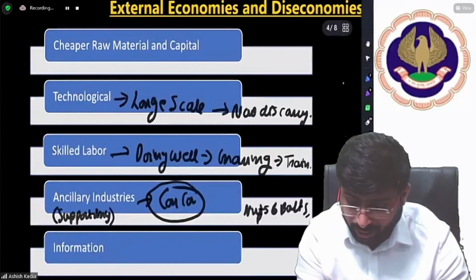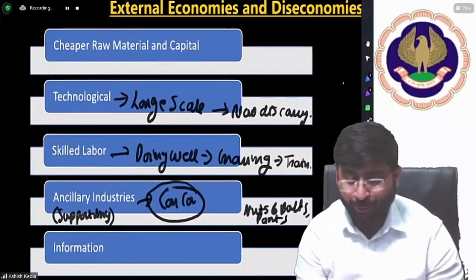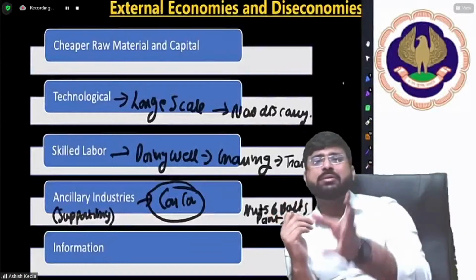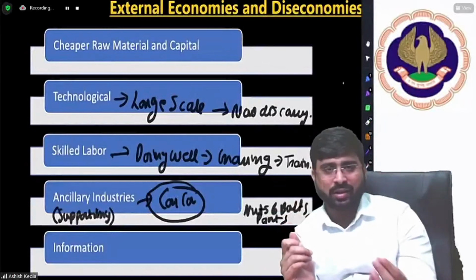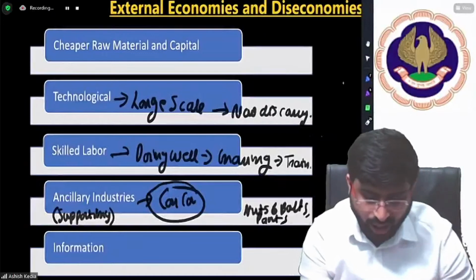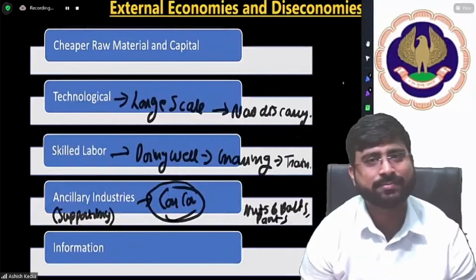They will start manufacturing paints which are required to paint cars. So what is happening? Whenever a business operation grows, ancillary businesses start coming up. When ancillary businesses start production, they are able to sell these nuts and bolts at a very low cost. And therefore, this is the point.